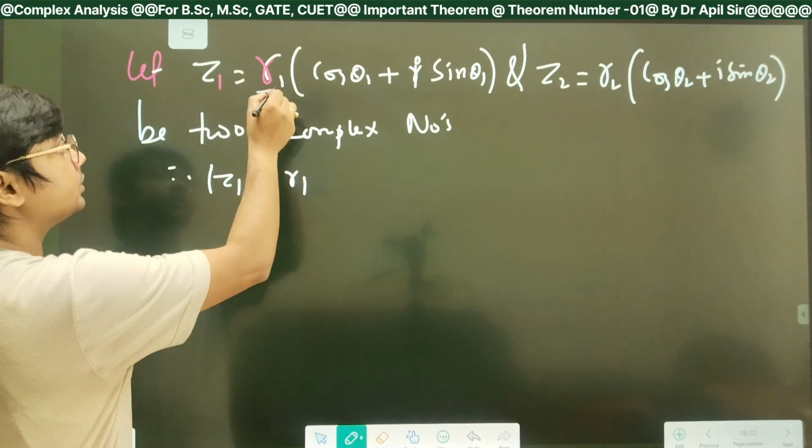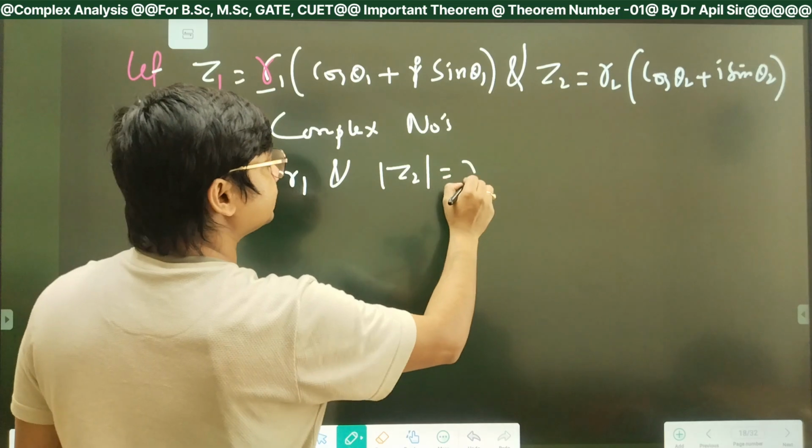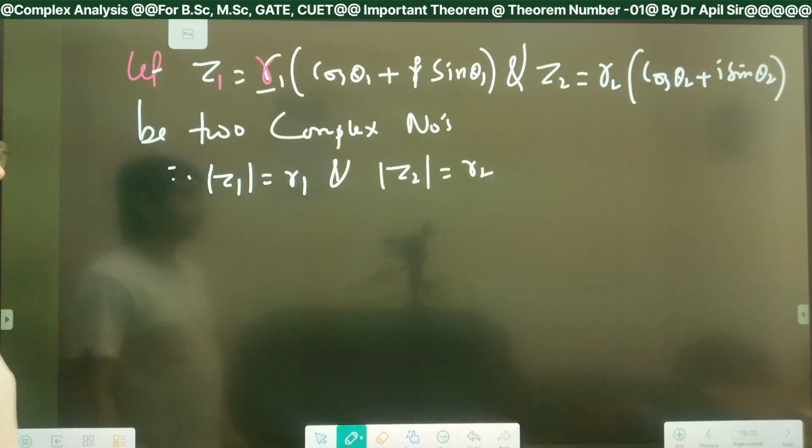This will be R1, because this is the modulus. And here this will be R2, the modulus of Z2, right?